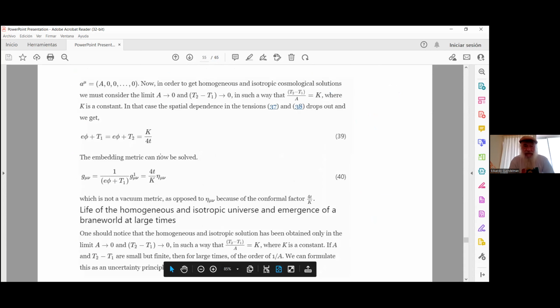An interesting limit is when A goes to 0, this constant A in the special conformal transformation, and we take T2 minus T1. You see that if you take these two to go to 0, but such that the ratio is constant, you get that the tension of one string is equal to the tension of the other strings, and goes like K over T.